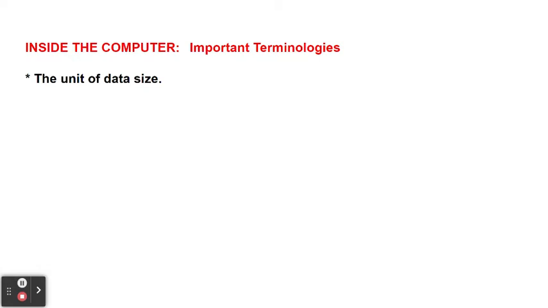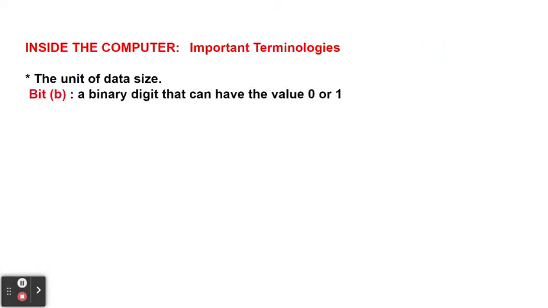For example, talking about the unit of data size, we have what we call the bit, represented by small letter b. It is a binary digit that can have the value 0 or 1. A byte, or capital B, is equal to 8 bits.